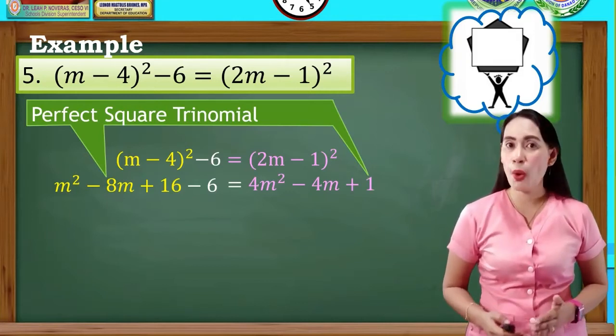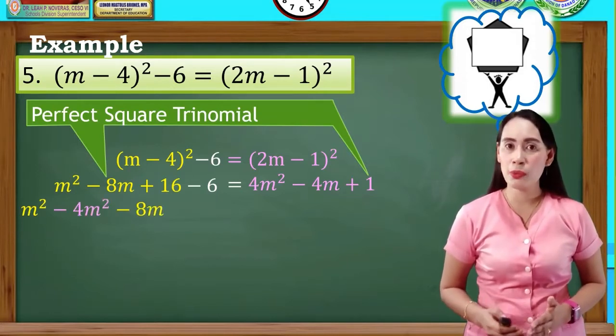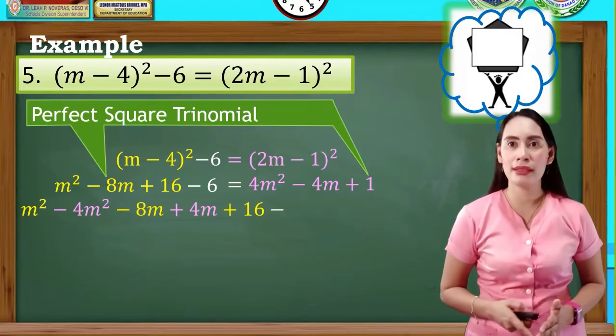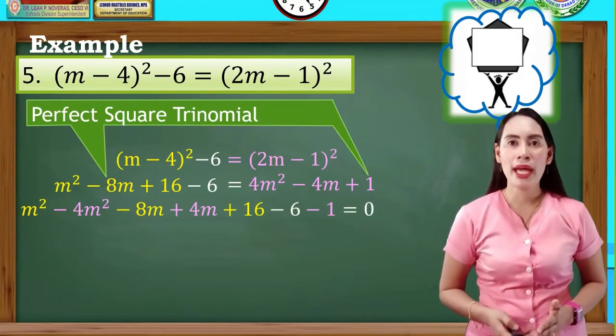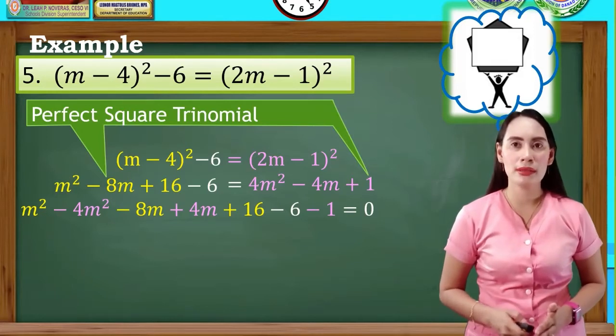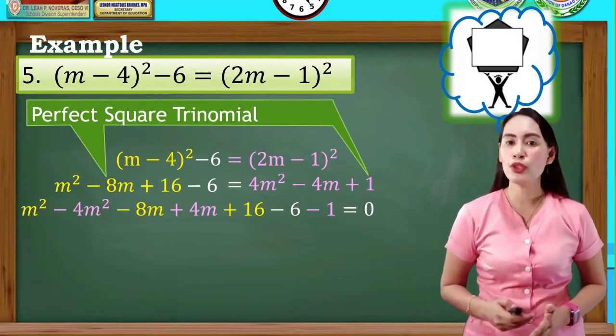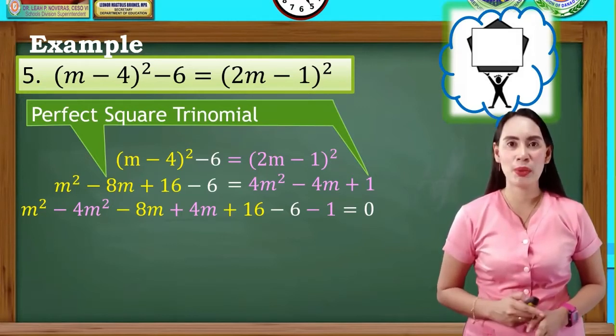Next, transpose all the terms on the right side of the equation to the left side. So we have m squared minus 4m squared minus 8m plus 4m plus 16 minus 6 minus 1 equals 0.